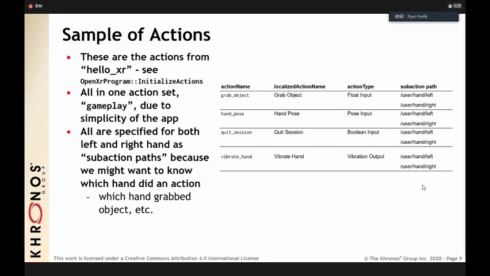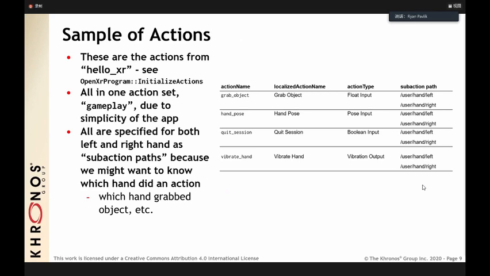To make this a bit more concrete, I've gone through the sample Hello XR application that's in the OpenXR SDK source and summarized the actions and bindings that are used there. The initialize actions member function is where these get set up if you want to look at the source code on your own later. All these actions are in a single action set because the application is very simple.